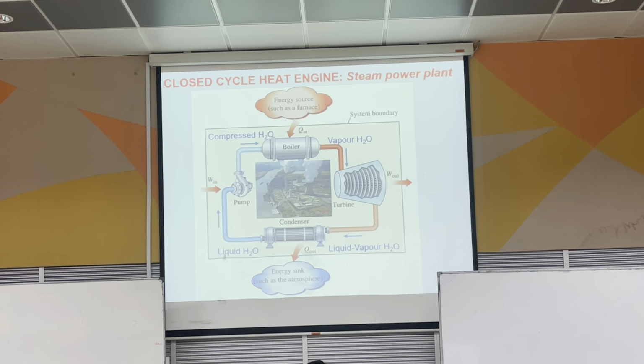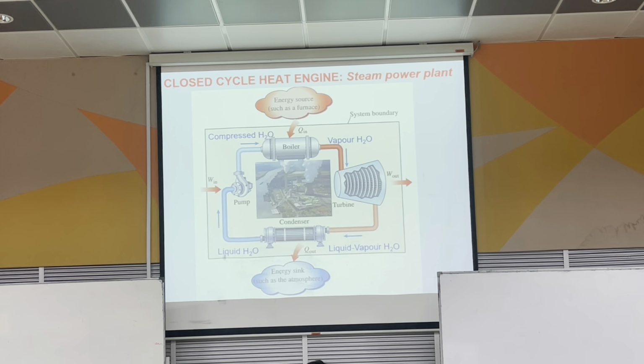Okay, so you can see that overall, the system that we use doesn't really change much. When you look at this one, we have a pump. In the previous case, we had a compressor. Here it is a pump because we are dealing with H2O.